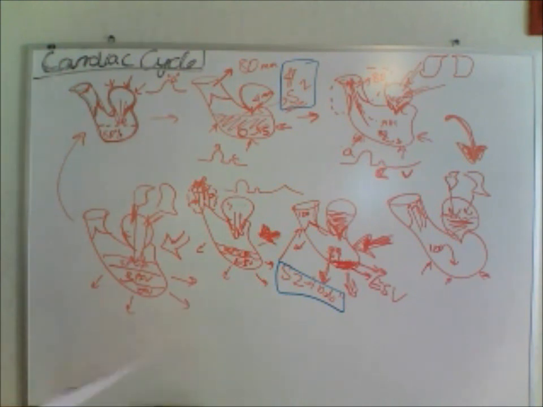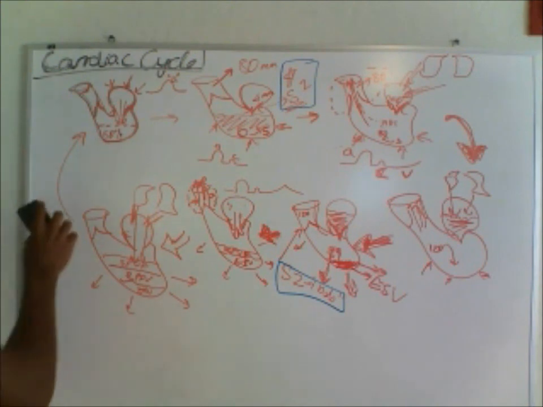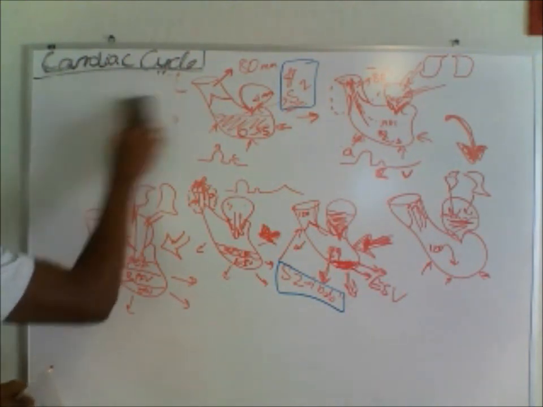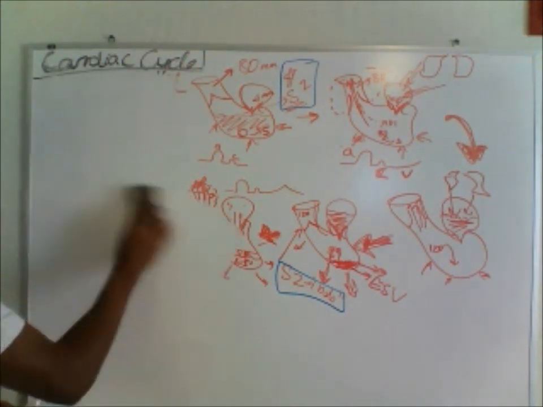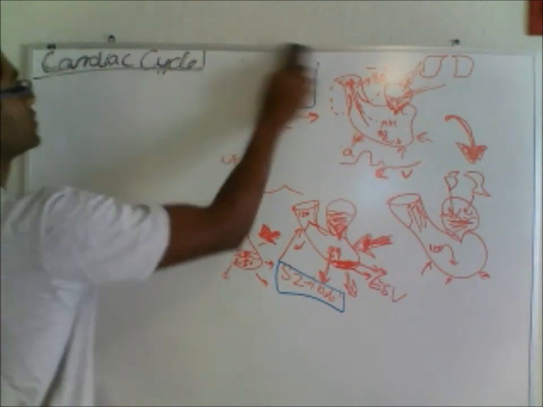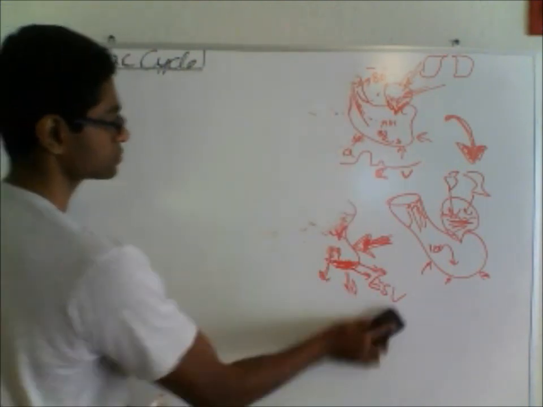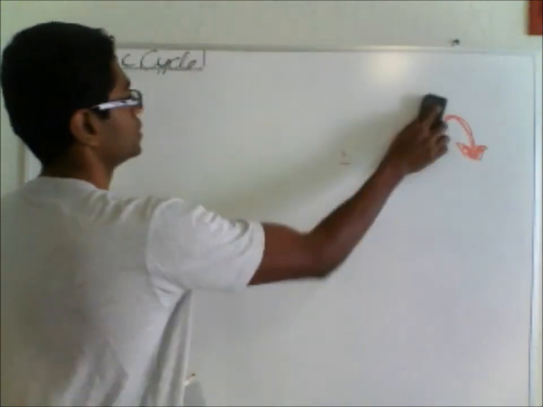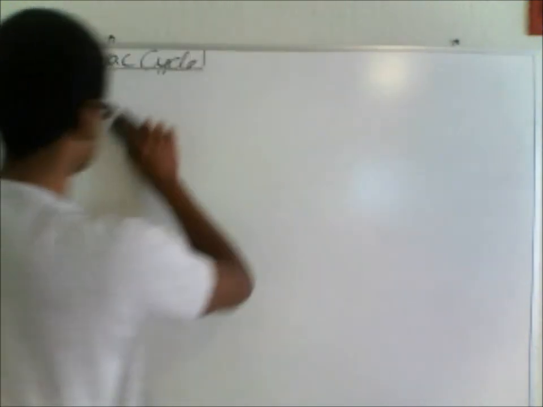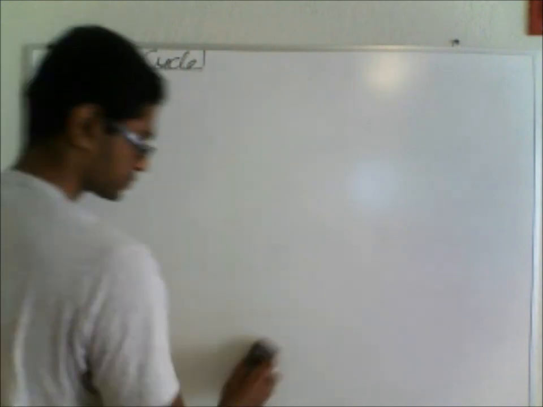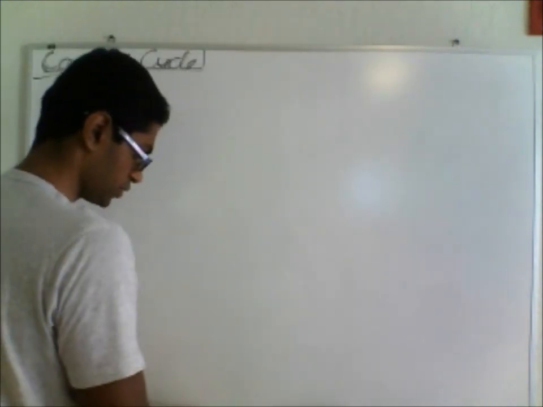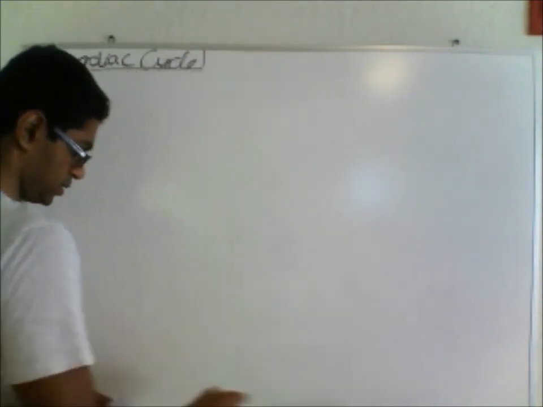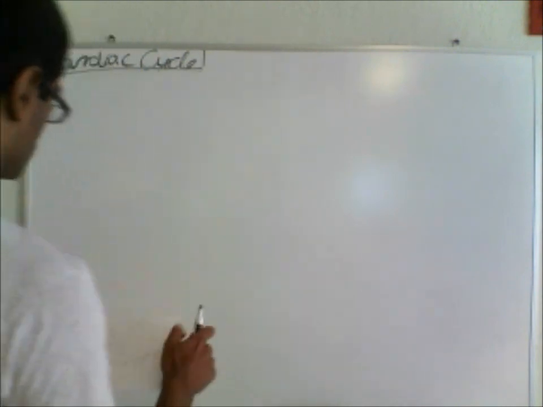And now I'm going to do a graphical depiction of all of this, just so we can have a better understanding of how everything happens together. Okay, so I'm going to go ahead and have a huge graph.